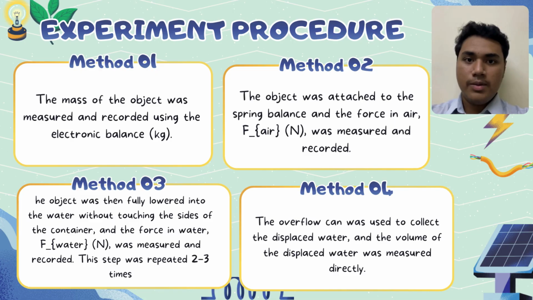This step was repeated two to three times. Step 4: the overflow can was used to collect the displaced water, and the volume of the displaced water was measured directly.